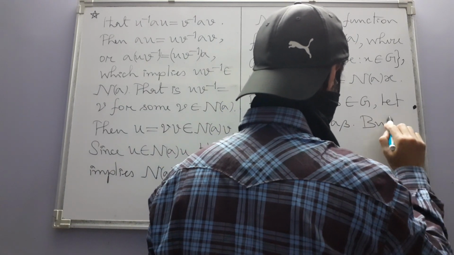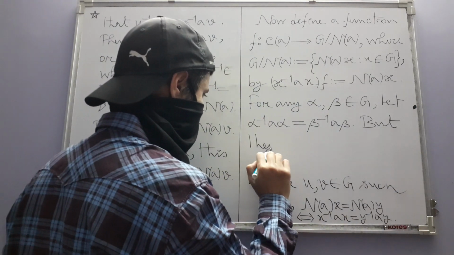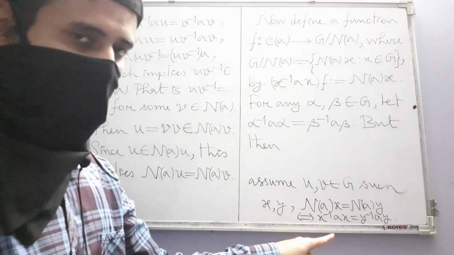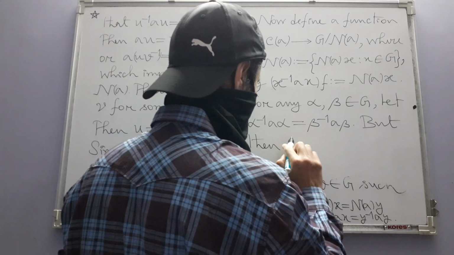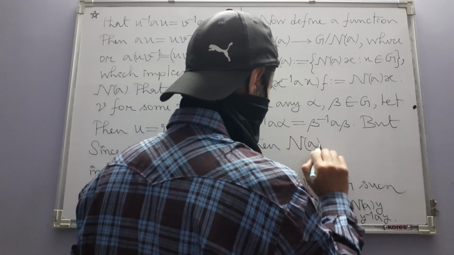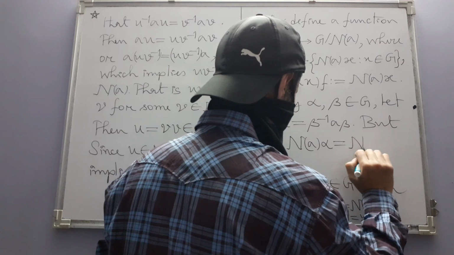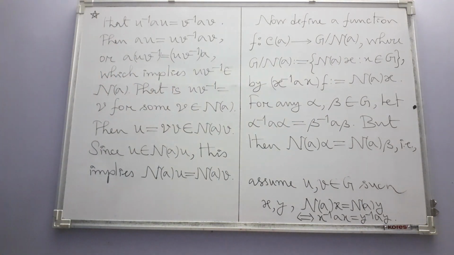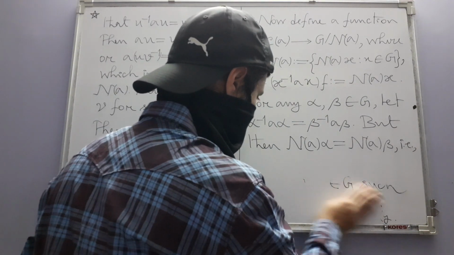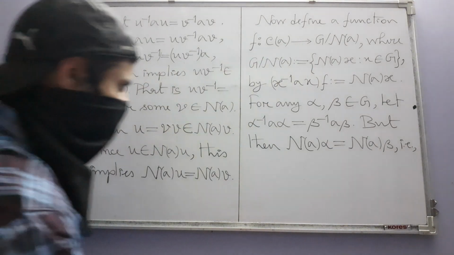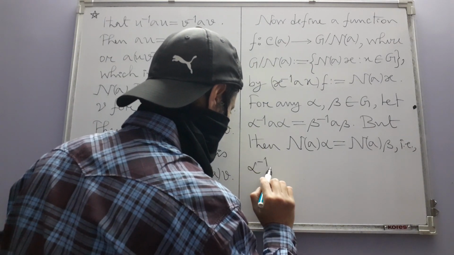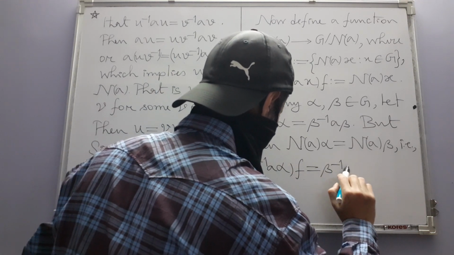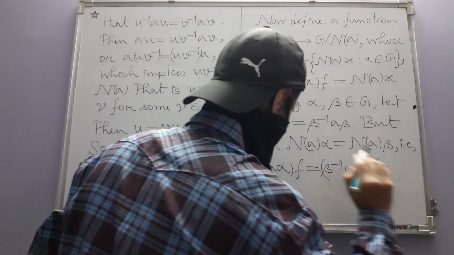But then, because of this implying line above, NA alpha is equal to NA beta, i.e. you have this.